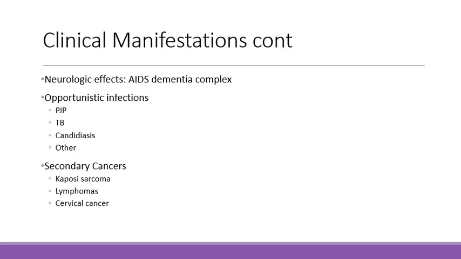Later, it causes severe dementia, motor problems, so tremors, ataxia, spasticity, incontinence, and paralysis. So we can see some significant neurological problems.